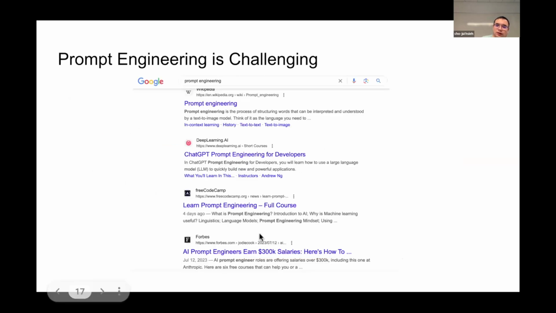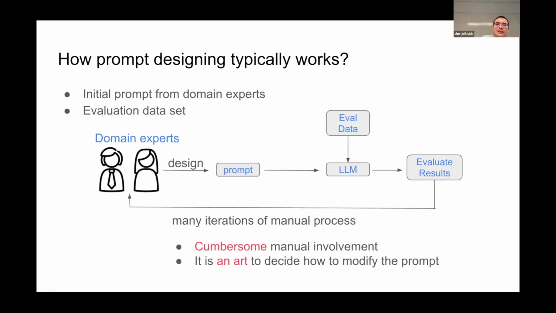That's why we see the prompt engineer can earn a lot of salary, and it's really hard to know what is a good prompt. It's a trial and error process.